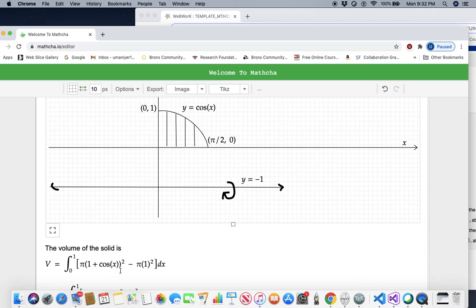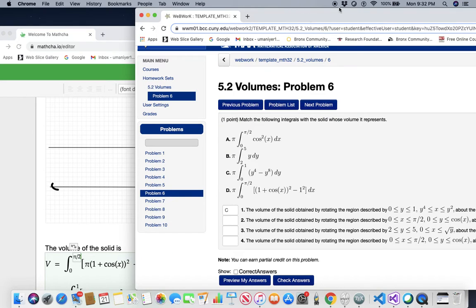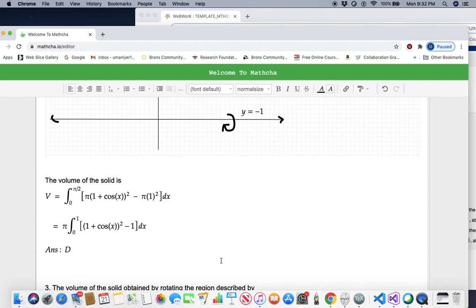So pi outer radius squared minus pi inner radius squared, and because these are vertical cross sections, x is going to go from 0 to pi over 2, not 1. So that's the integral, 0 to pi over 2.